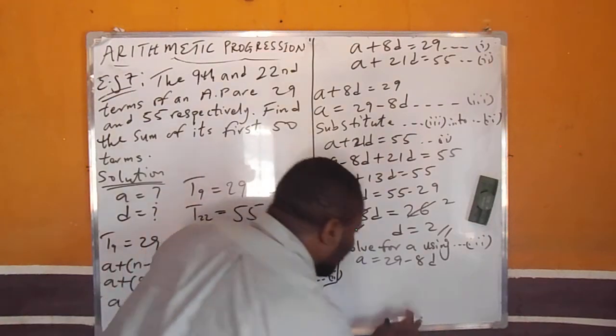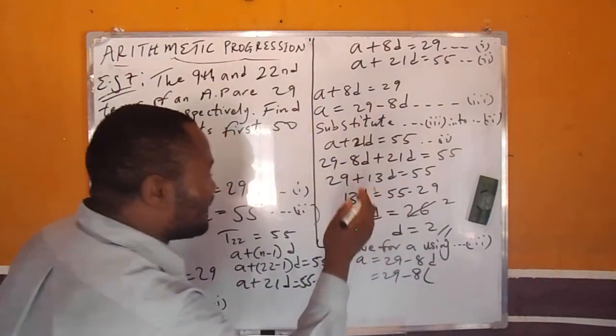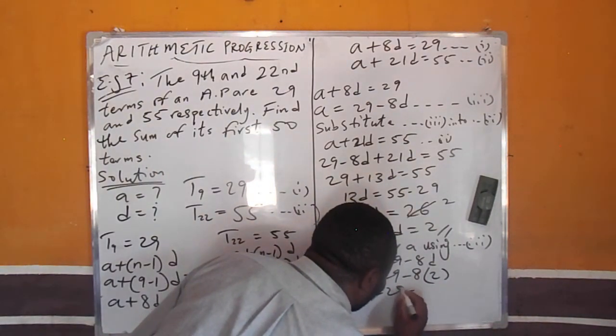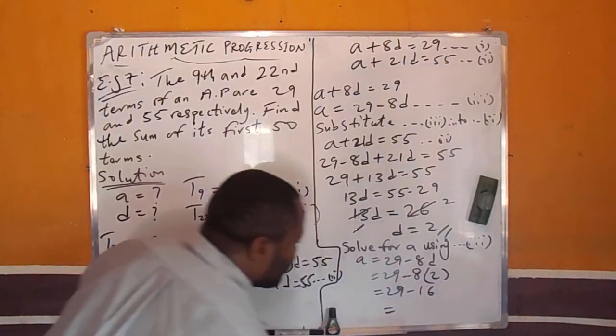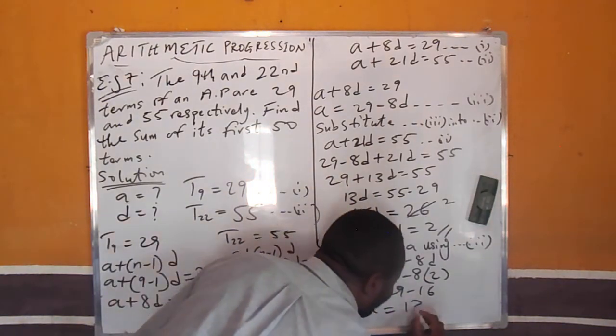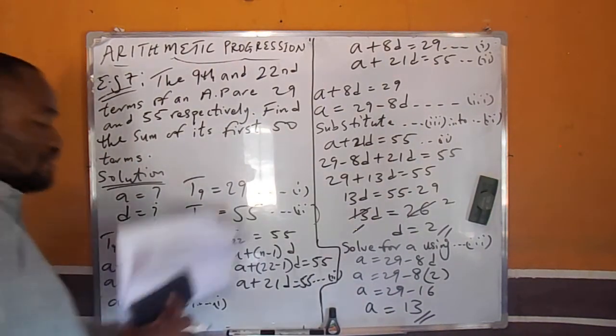With d equal to 2, a equals 29 minus 8 times 2, which is 16. So 29 minus 16 equals 13. That means our a equals 13.